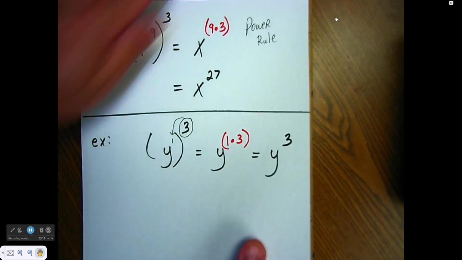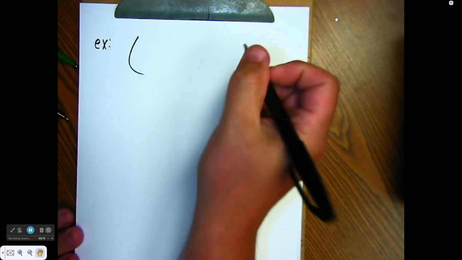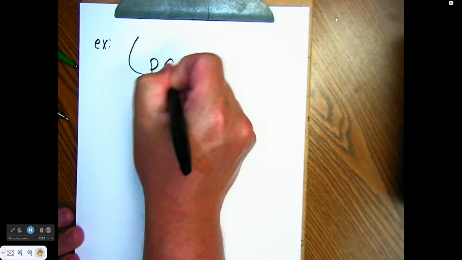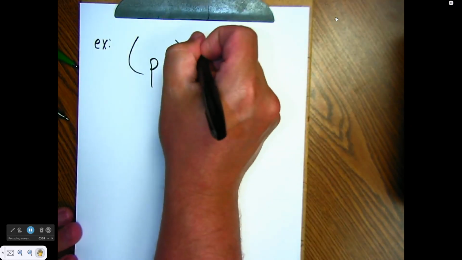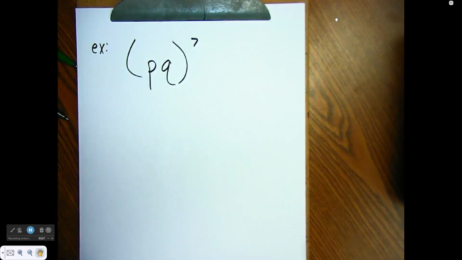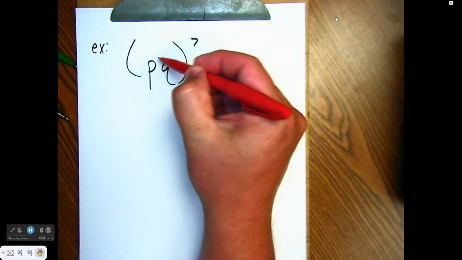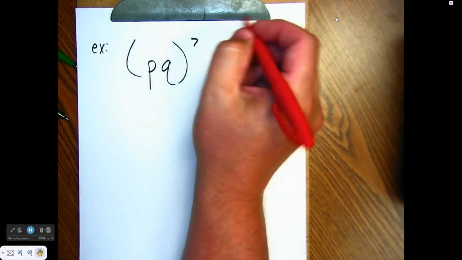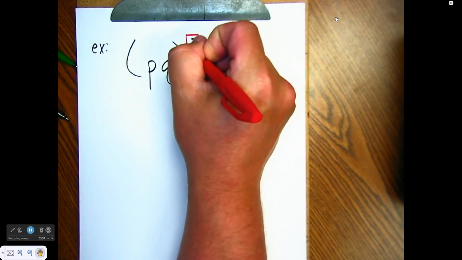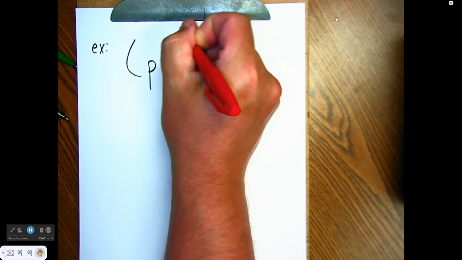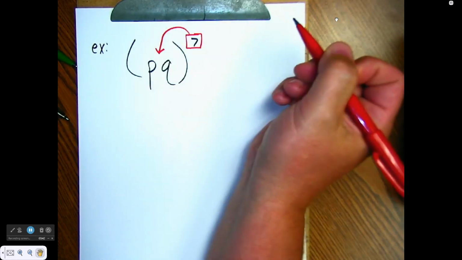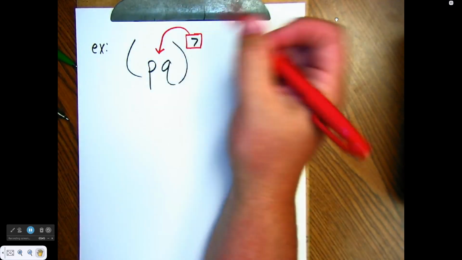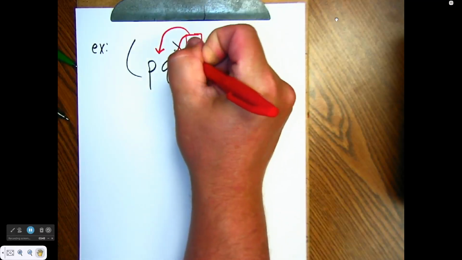Let's look at another example. In parentheses, we have p times q raised to the 7th power. Well, both the p and the q have an understood exponent of a 1. And this outer exponent of 7 must apply to the 1 on the exponent of the p as well as the q.